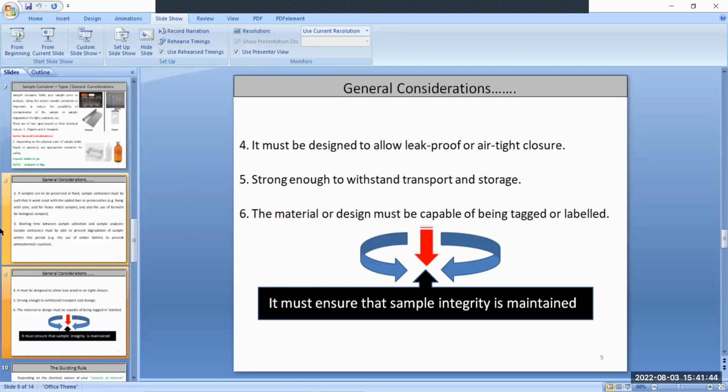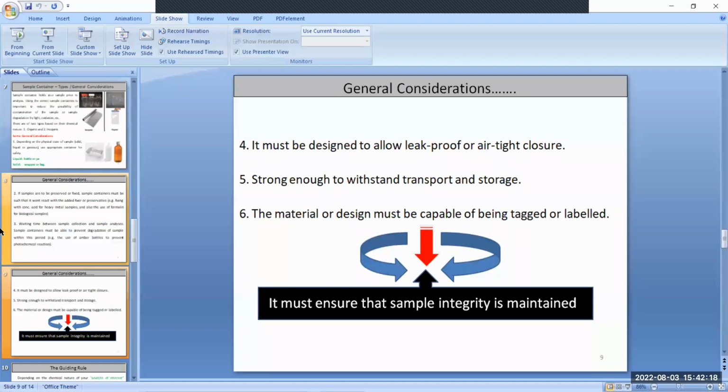In the process of taking your samples from one point to another, something might just happen, and if your sample container is not strong enough to withstand these activities, then something might go wrong along the way. So it must be designed in such a way that it will withstand transport and storage. Then the material or the design must be capable of being tagged and labeled. Some containers you cannot write on directly.